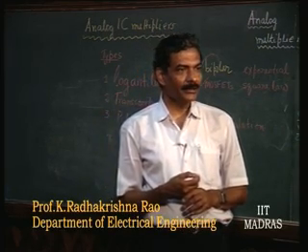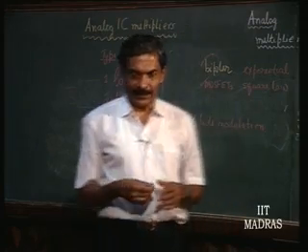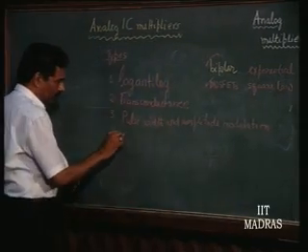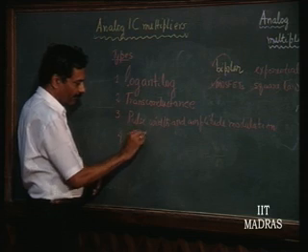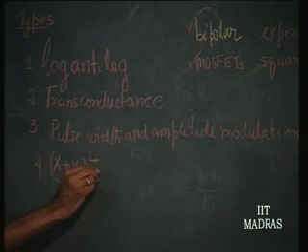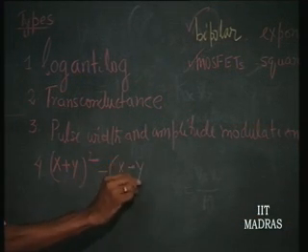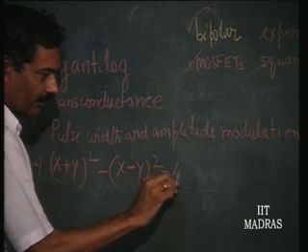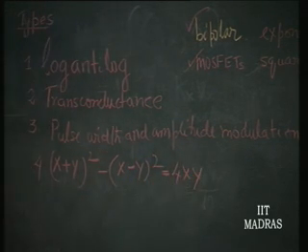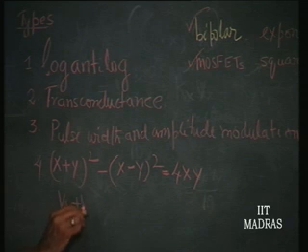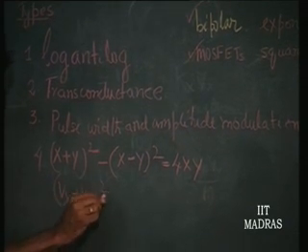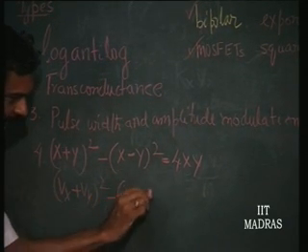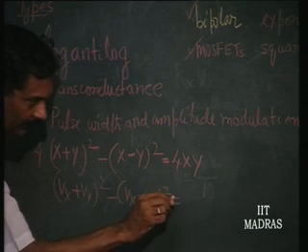One technique is (x plus y) whole squared minus (x minus y) whole squared, where x and y will be respectively Vx and Vy. So, what is it? 4xy. That means add two voltages, square, subtract these voltages, square, and then subtract.